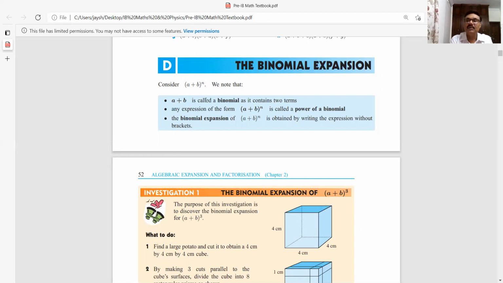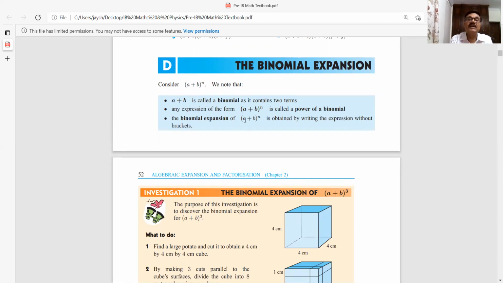So now, after doing this chapter, we will be able to expand any power of a binomial. The value of n can be anything: 1, 2, 3, 4, 5, 6, 7, 8, 9. Any expression of the form (a + b) to the power n is called a power of a binomial.